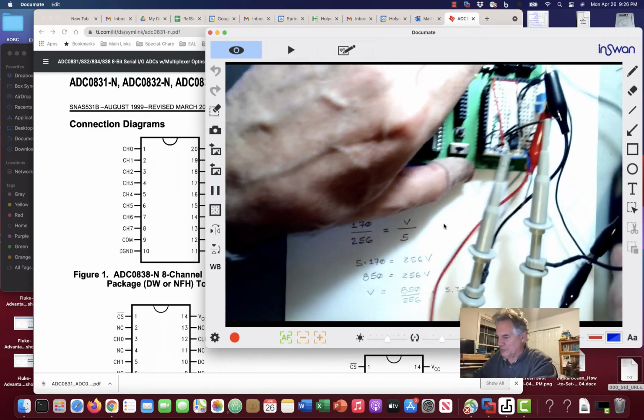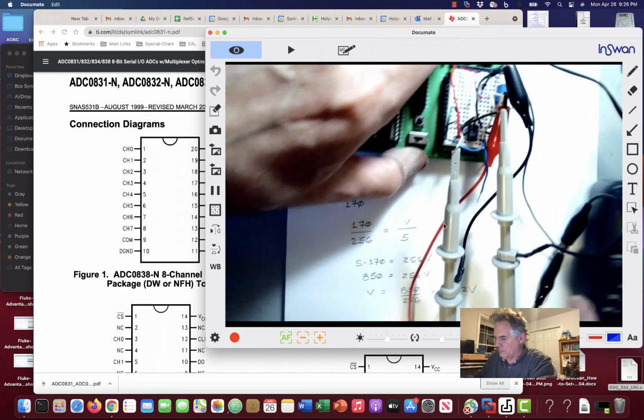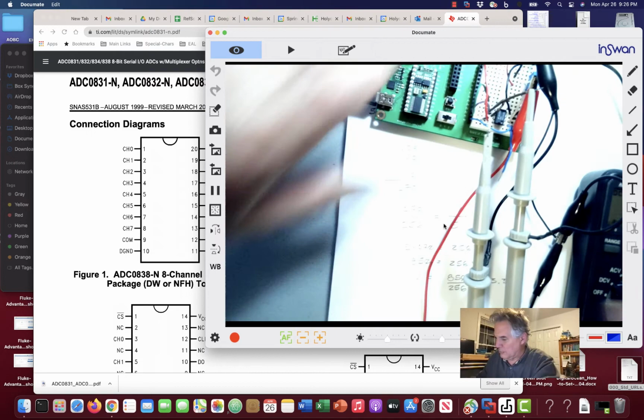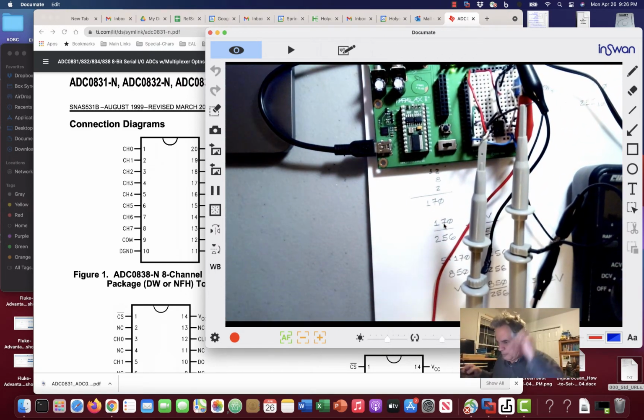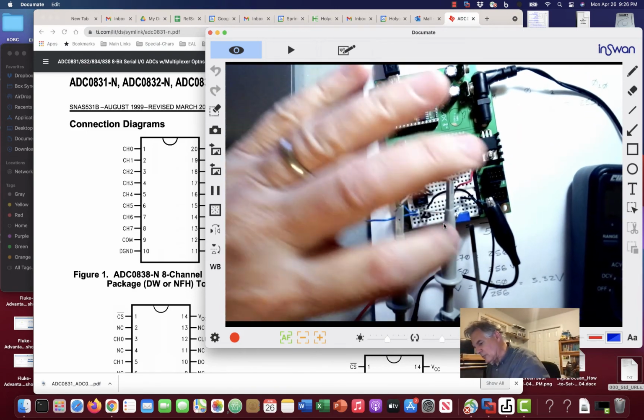I'll do one more example here, and then we'll declare victory on this analog to digital converter deal. Let's see. We can try a small number. How about something? Wait a minute, I'm off on the wrong axis here.